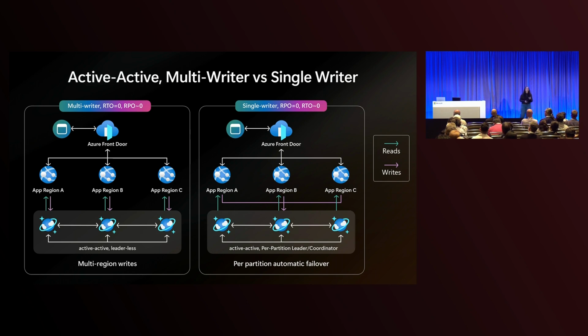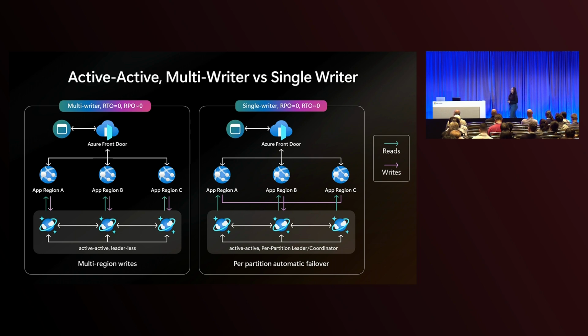One region is the write region, which is accepting writes. However, if a single partition or a subset of partitions in that account is experiencing issues, the Cosmos DB SDKs can automatically route the writes for that region to another healthy region. This maintains high availability without sacrificing my single writer and consistency semantics.